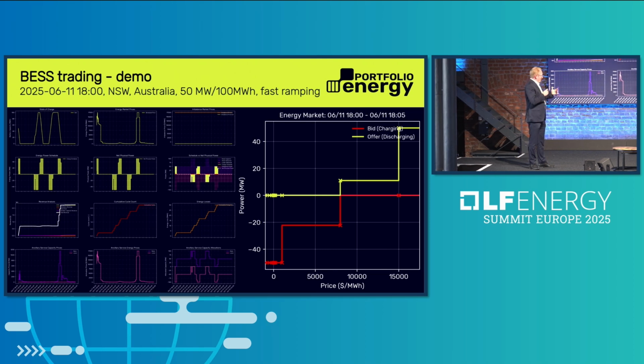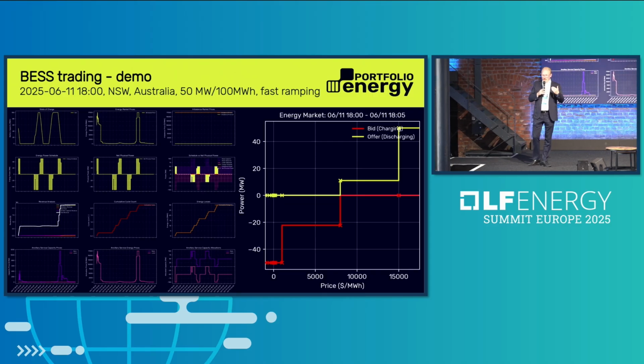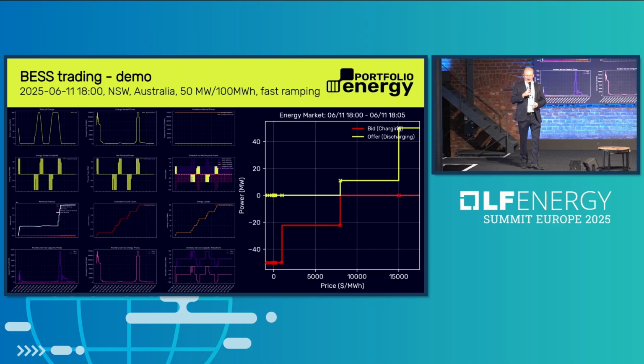So bear in mind that Australia is a market that clears every 5 minutes. What it's computing here is the optimal bids and offers into the market, which you see to the right. And then to the left, you see how the battery system is expected to evolve and perform over the days ahead.